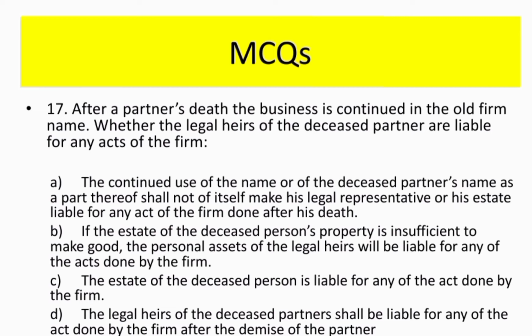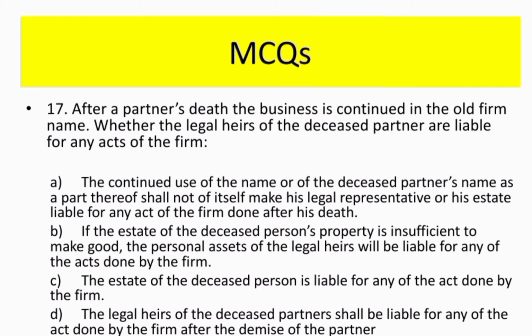Option B says, if the estate of the deceased person's property is insufficient, the personal assets of the legal heir will be liable for any act done by the firm. Option C says the estate of the deceased person is liable for any act done by the firm. And option D says the legal heir of the deceased partner shall be liable for any act done by the firm after the demise of the partner.